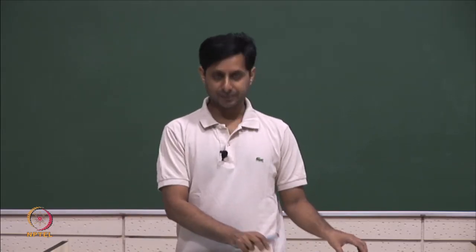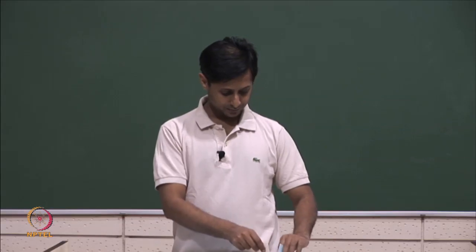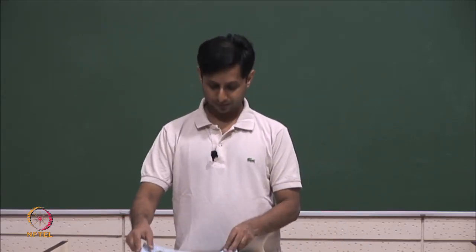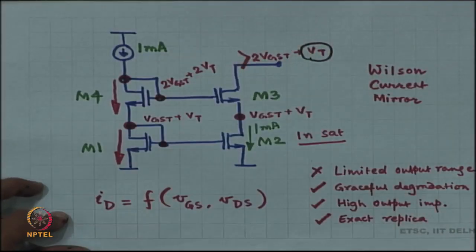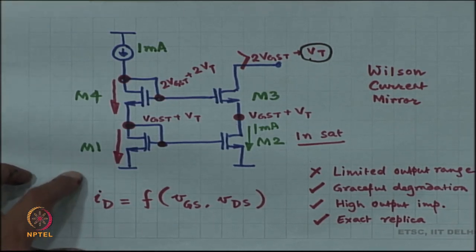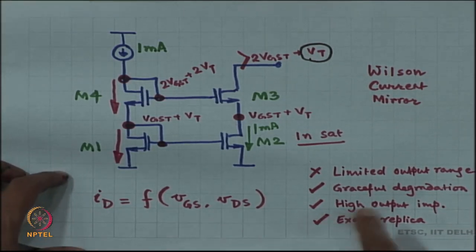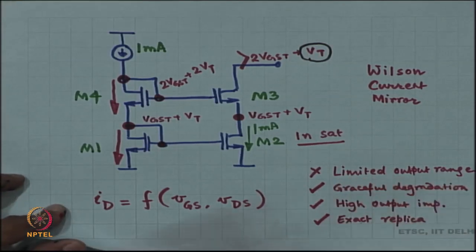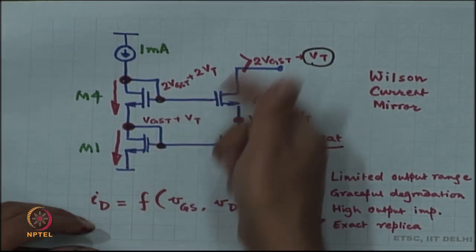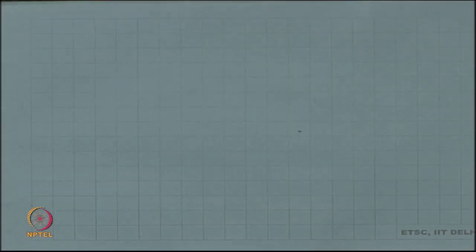So, these are my current mirrors. Now, if you think about it very carefully, you can add more stages, all right, and that is only going to give you more output impedance at the cost of even more limited output range. You can keep adding more stages.